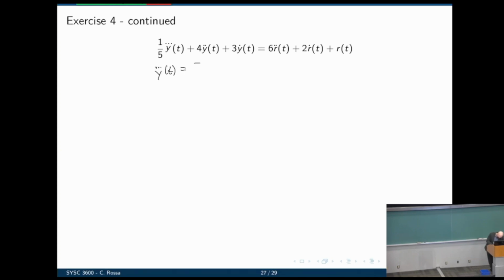which is 5 times 6r double dot minus 4y double dot plus 2r dot minus 3y dot plus r of t.